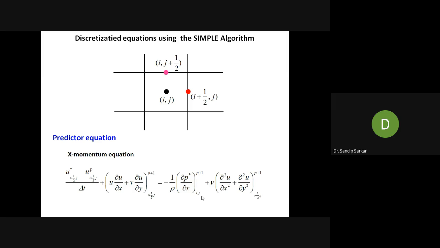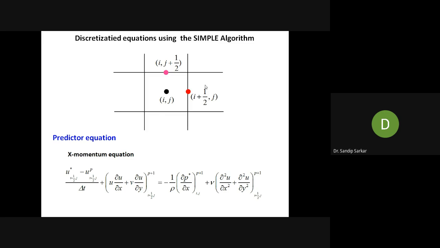You'll face similar consequences to what we faced when we considered all the velocity values and pressure values at the same grid point. If we consider velocity and pressure values at the same grid point, then there will be an issue of zigzag pressure. What will happen? The del P del X term will automatically be zero if there is a zigzag pressure. If there is no zigzag pressure, then there is no issue. But in reality, there may be pressure fluctuation or pressure pulsation.